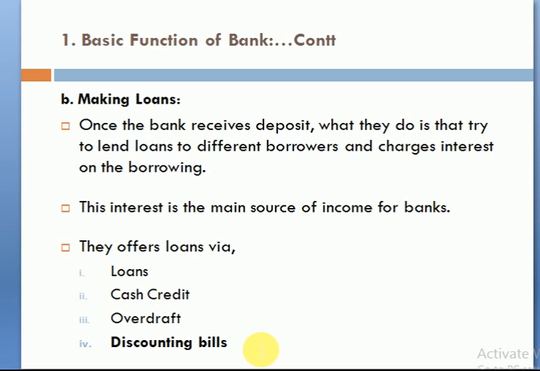The premature payment made is a loan to the holder of the bill. Discounting of bills by a bank is considered a safe, certain and liquid form of bank lending. Look at discounting of the bill: it is where me and you are engaged in a credit transaction.